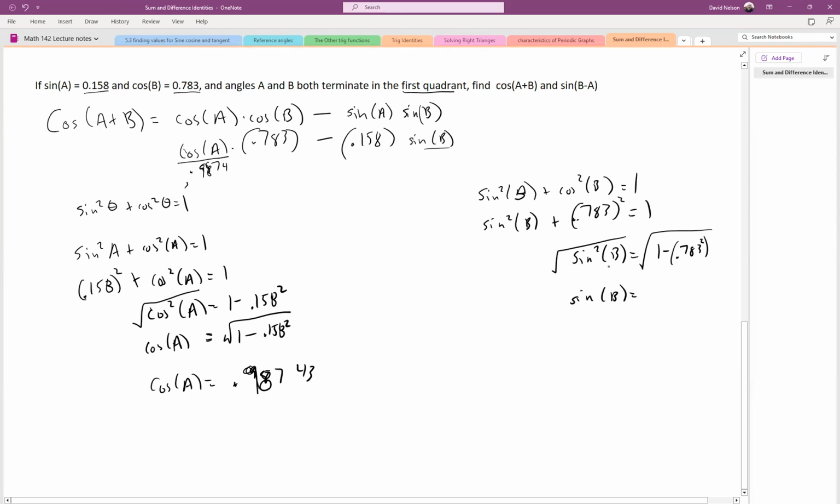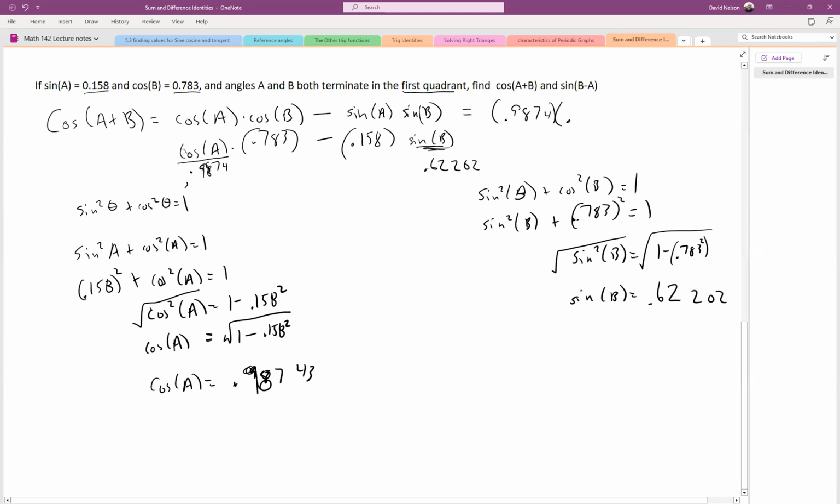And my calculator tells me 0.622202 for the sine of B. So I'm going to plug that into my sine of B spot, 0.622202.